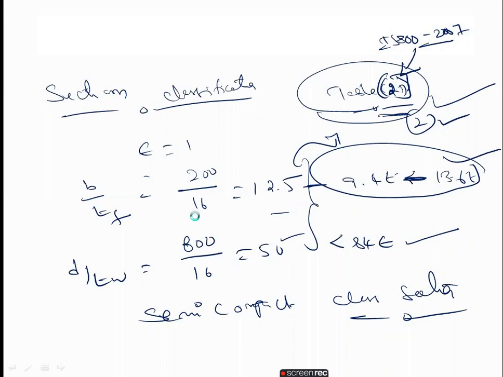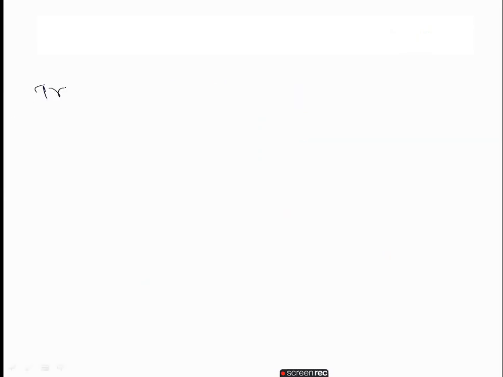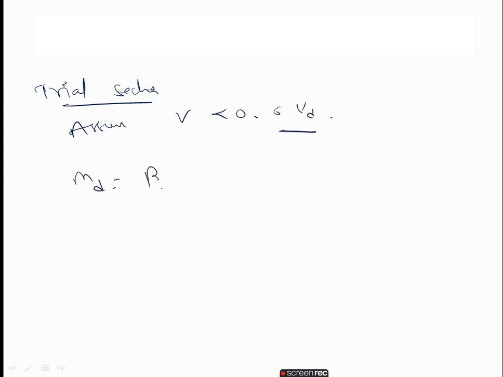Now you will take a trial section. First I will take the trial section. Now I will assume, same as yesterday's class, V is less than 0.6 Vd. So how will I calculate the Md value? The Md formula I also told you yesterday: beta b Zp fy by gamma m0, where beta is Ze by Zp, so again Zp into fy by gamma m0.